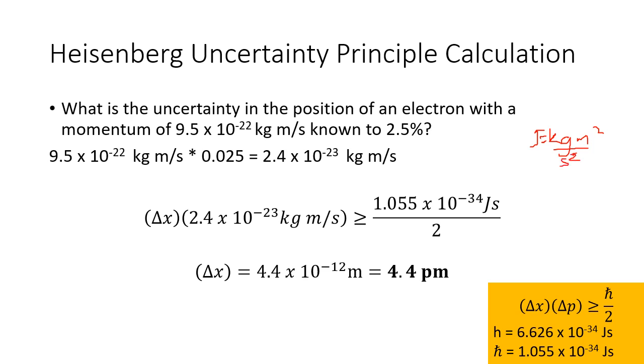Okay, so if we take a joule times a second, we have a kilogram meter squared per second squared times a second. We lose that, we lose that. We're then dividing by meters per second. And we lose this, and we lose that.